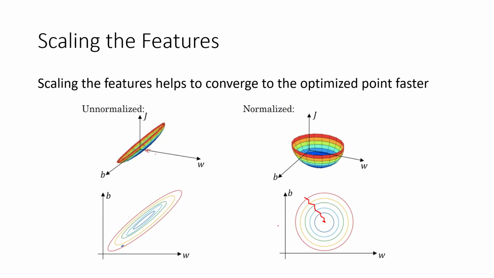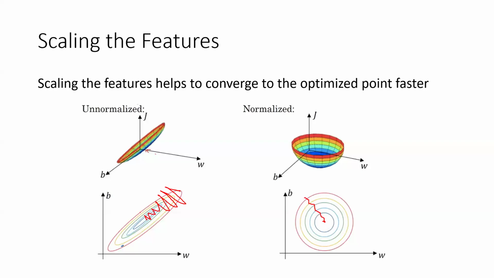But when it comes to this kind of contours, if we unfortunately have started somewhere here, it would move here, there, and so on. If your other hyperparameters are correct, you would finally move towards the final solution, but it would take a lot of back and forth movements instead of moving to the optimal point.